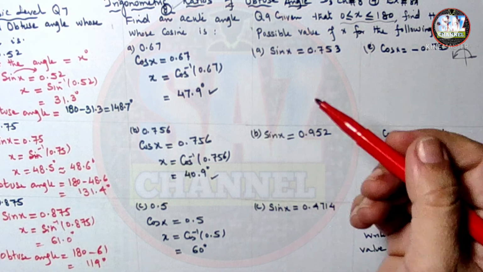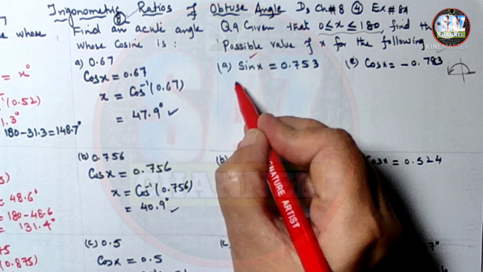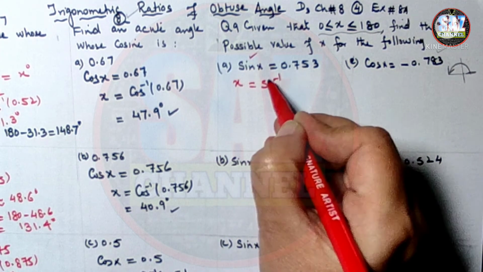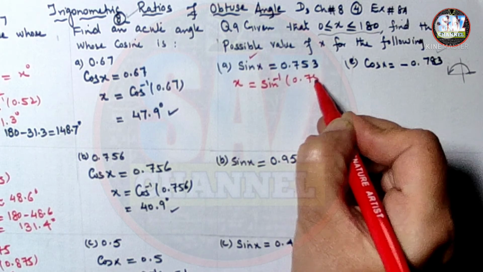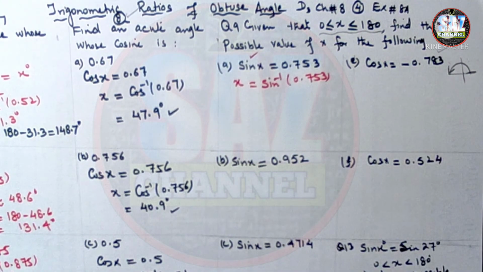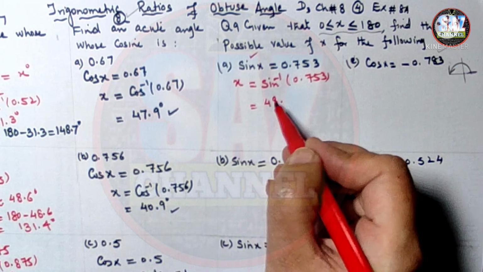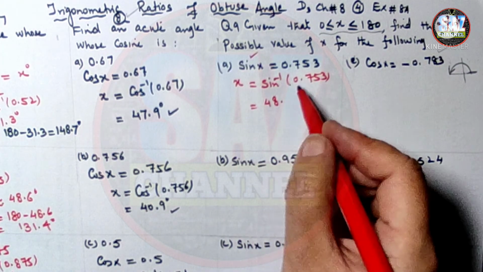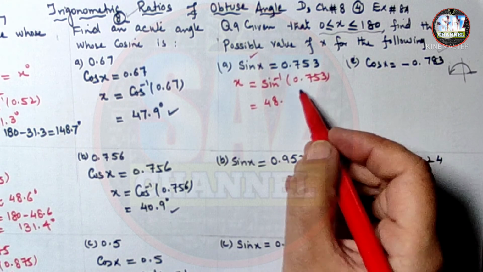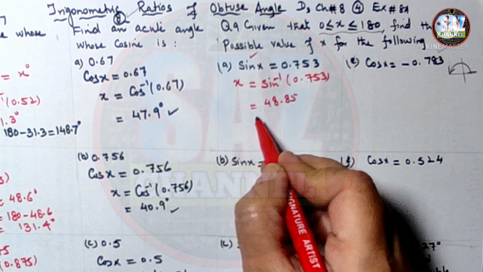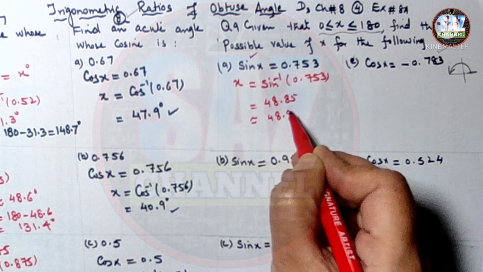In order to get the value of x, we have to shift this sign to the other side, and this is sine inverse 0.753. Sine inverse of 0.753 gives me 48.85, which can be approximately taken as 48.9 degrees.